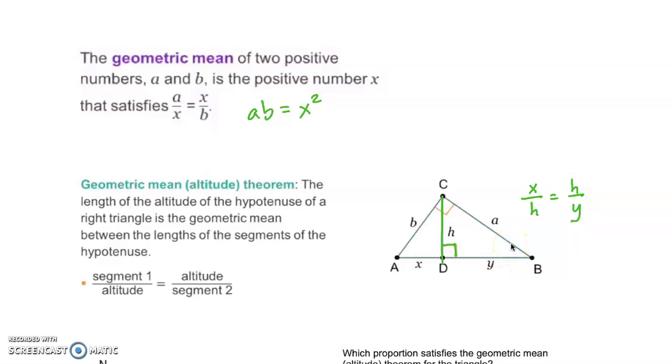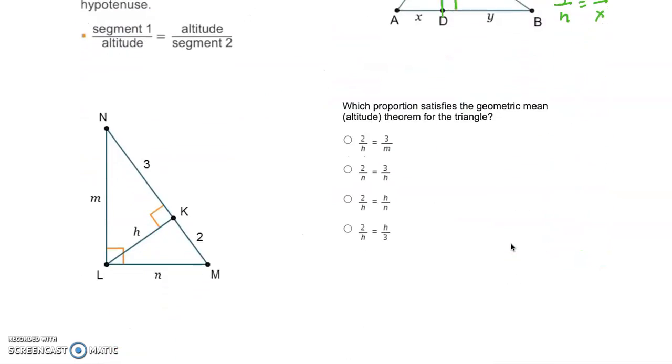And you could write it the other way as well. You could write Y over H is equal to H over X, because you'll notice the cross products are going to be the same. So let's take a look at this.